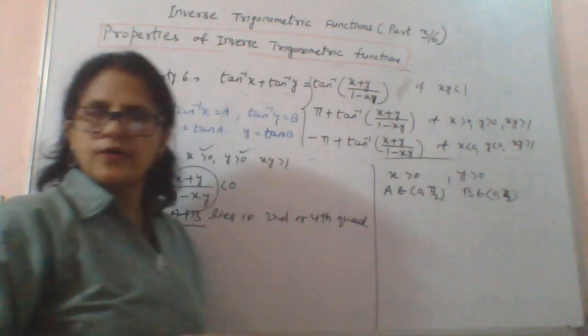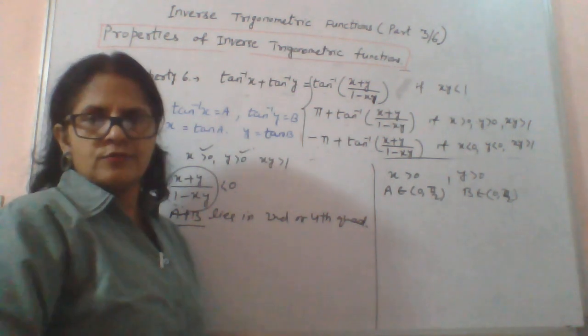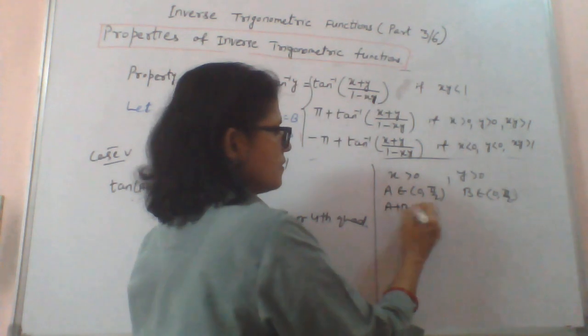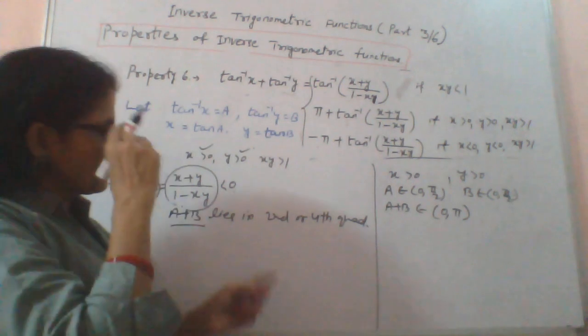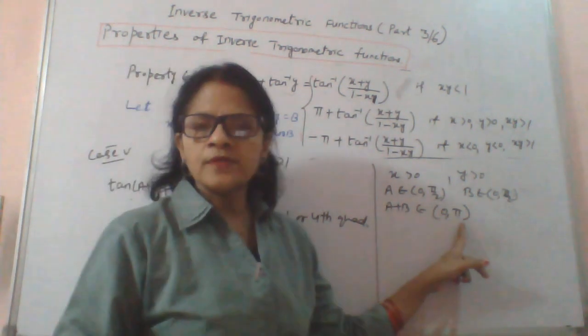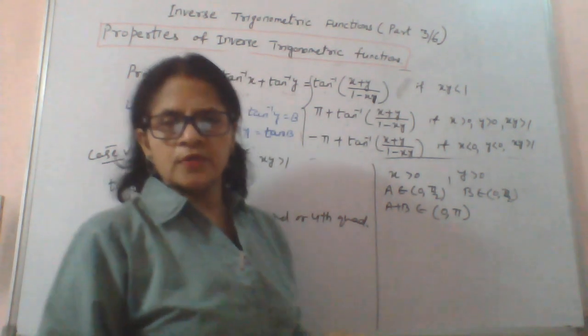I hope it is clear, because we have been doing similar things in the previous cases. So a + b belongs to what? (0, π). So here we are writing second or fourth quadrant, and (0, π) means it is the first or second quadrant. What is common in both the cases?